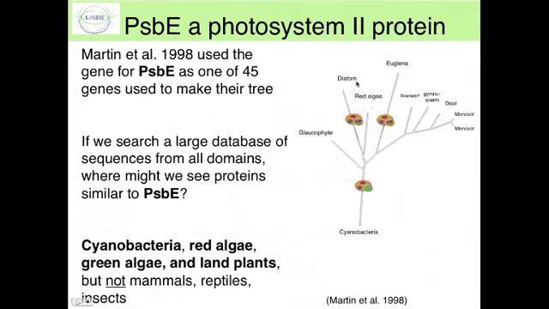So I'd like to see cyanobacteria showing up, red algae, green algae, land plants, glaucophytes. I'd like to see all of the same leaf nodes and roots, but I wouldn't like to see mammals, reptiles, insects, because we think that these genes occur in eukaryotes as a result of endosymbiosis of cyanobacteria. And mammals, reptiles, insects, for example, don't have chloroplasts, so we wouldn't expect to see them showing up there.